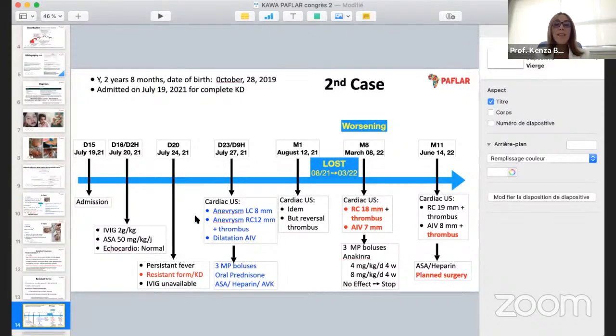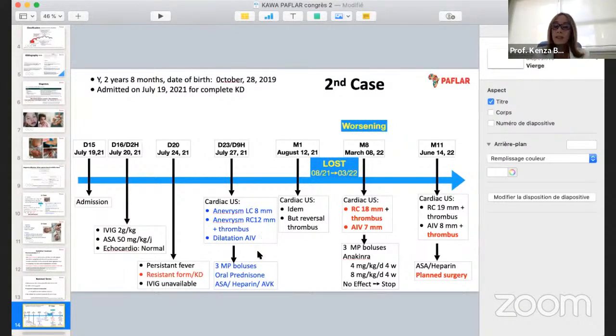On a pu réaliser une seconde échocardiographie à J9 d'hospitalisation et cette échographie a révélé un double anévrisme de l'artère coronaire gauche ainsi que de l'artère coronaire droite avec un thrombus et une dilatation de l'artère interventriculaire antérieure.